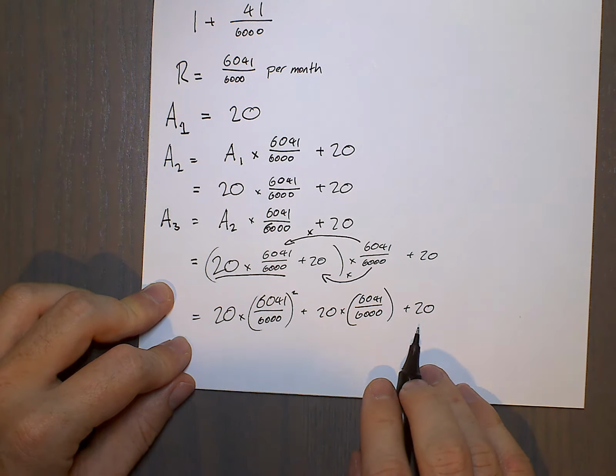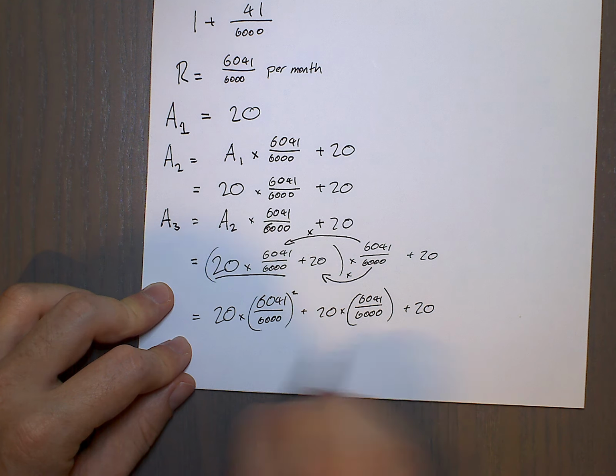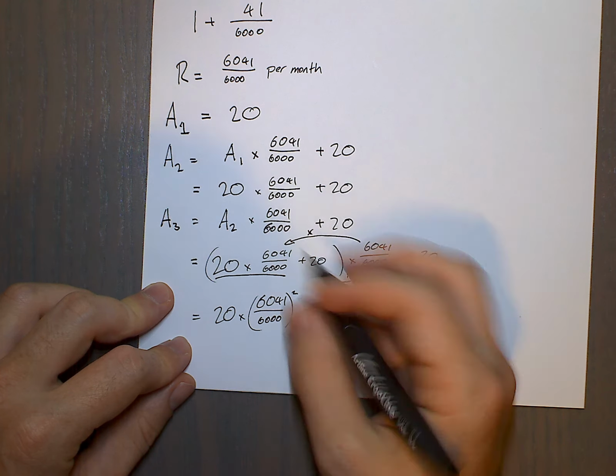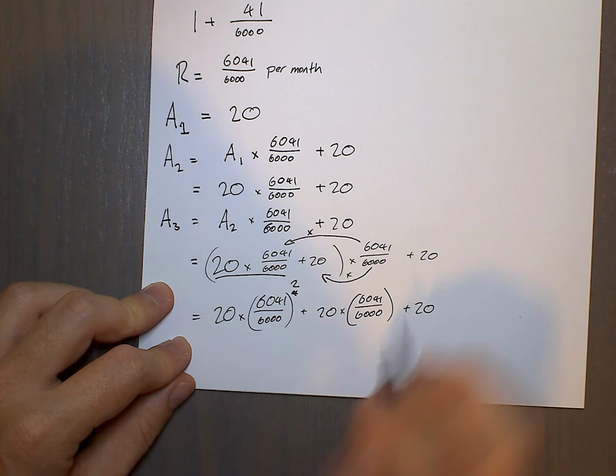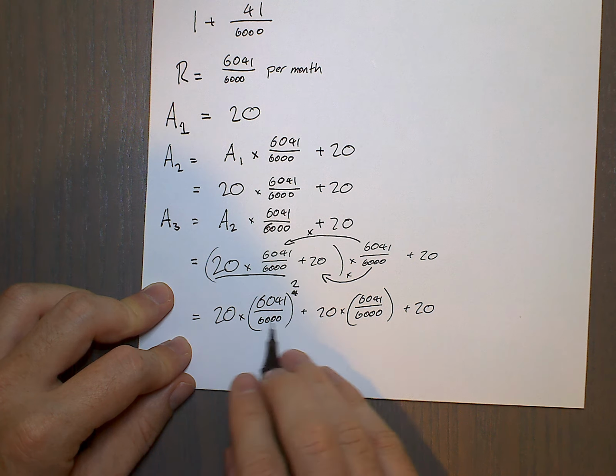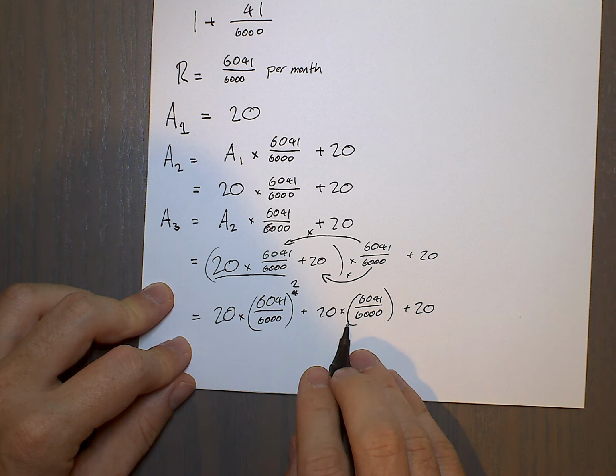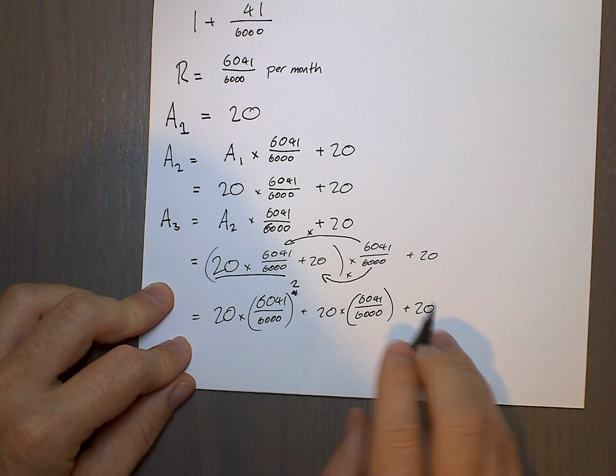And here we can start to see a pattern. This is to the power of 2. 20 times our rate to the power of 2, plus 20 times our rate, plus 20.